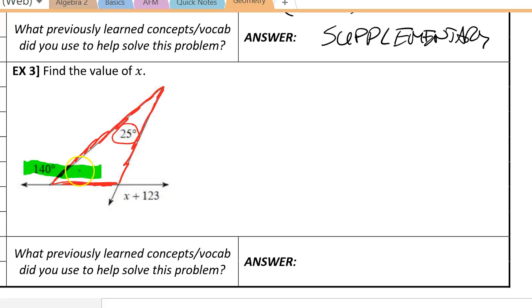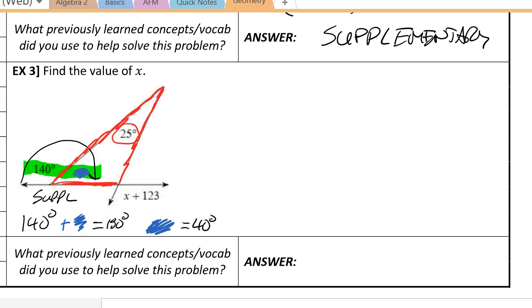My angle 140 and this blue angle that I've listed there are together supplementary. So that means that 140 degrees plus my blue angle equals 180, meaning that that interior blue angle is equal to 40 degrees.